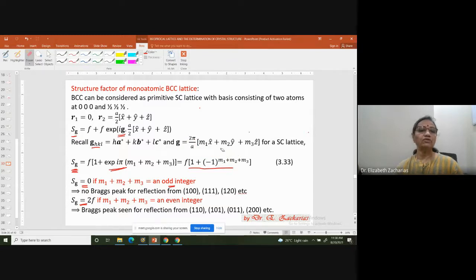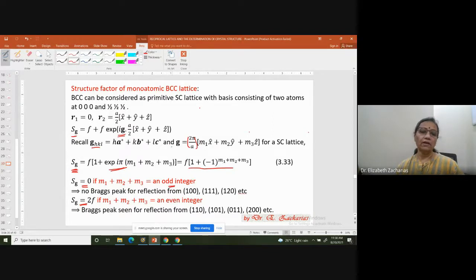You see here, in the last class, I mentioned that G HKL is H A star plus K B star plus L C star, where A star, B star, C star are the reciprocal primitive lattice vectors. Okay. And we have seen that for a cubic system, A star, B star, C star, all the three of them are going to be equal, but they are mutually perpendicular to each other, and their length is going to be 2 pi by A. This is what we have seen.